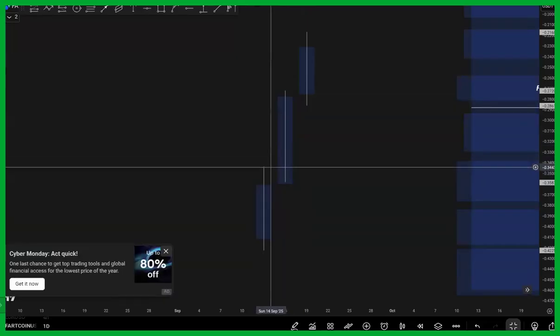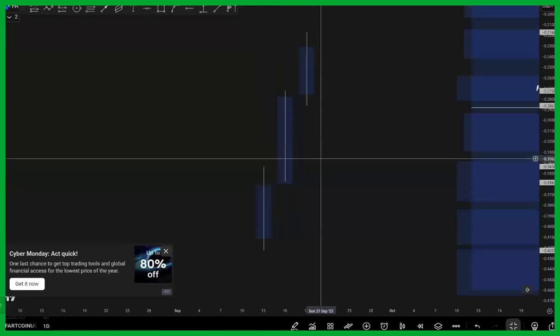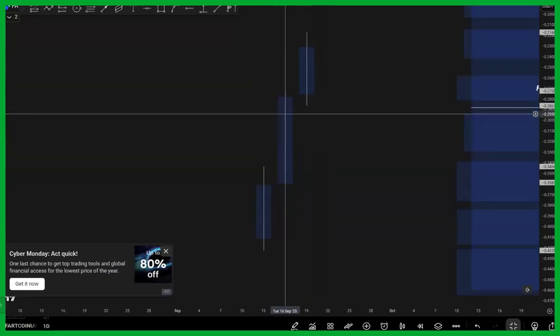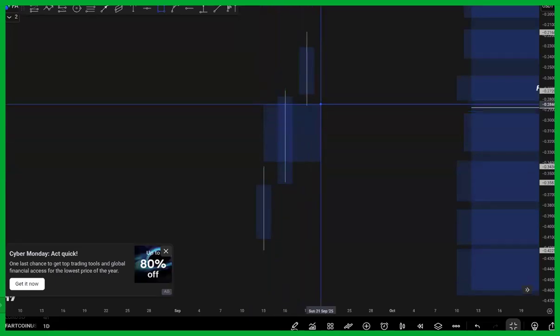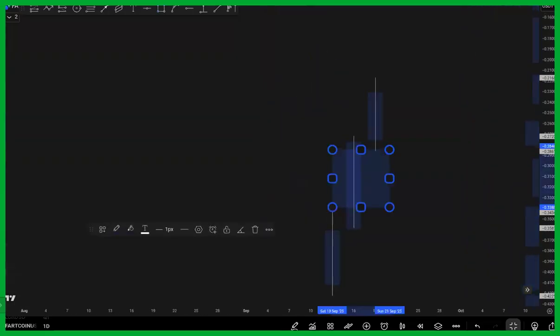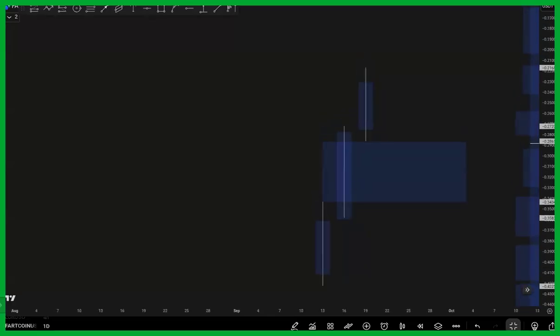The space in between the first candle high, which is the wick high, and the third candle low, the space in between them on the body of the second candle, that is what's regarded as the fair value gap. So this is my fair value gap in this particular scenario.